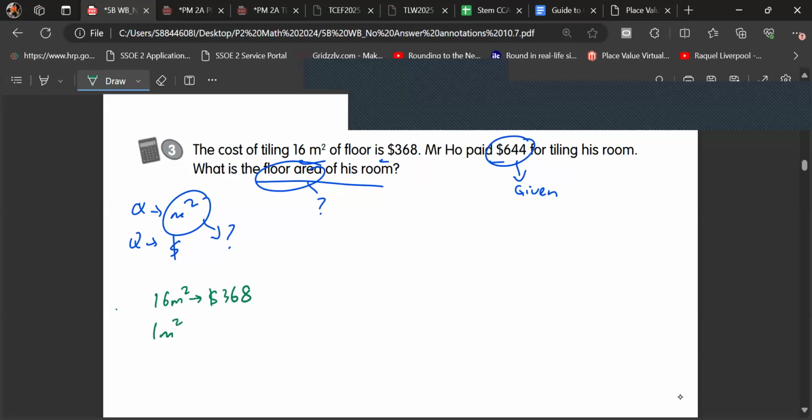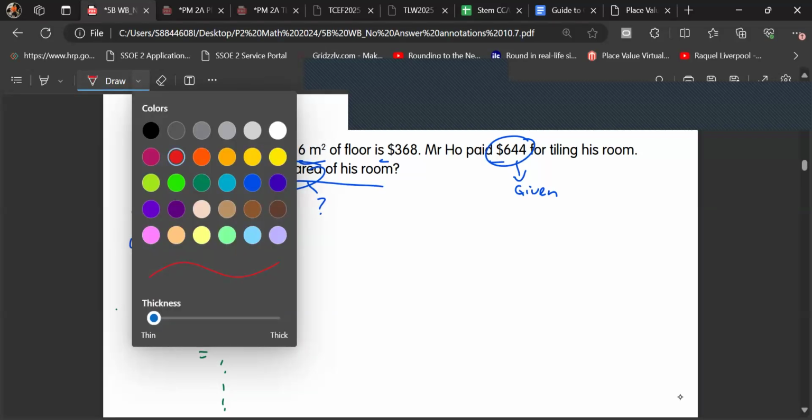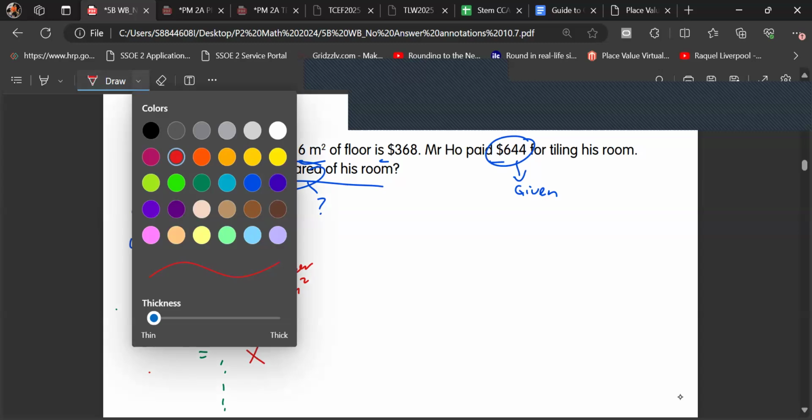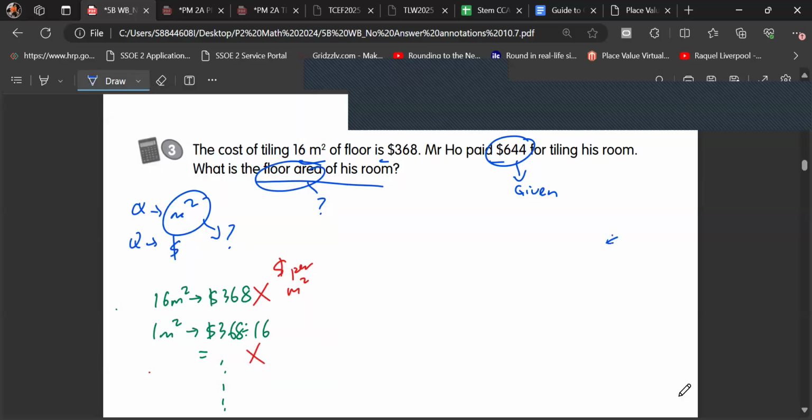So 1 square meter is this divided by 16, and then I tell you that no, you won't do that because this is dollar per square meter. What we want now is to find square meter per dollar.